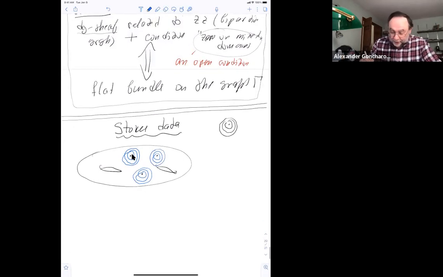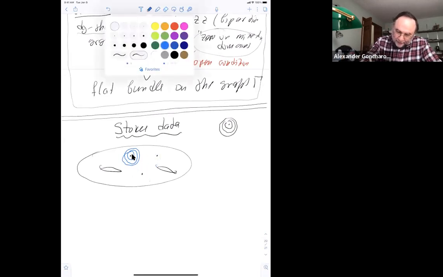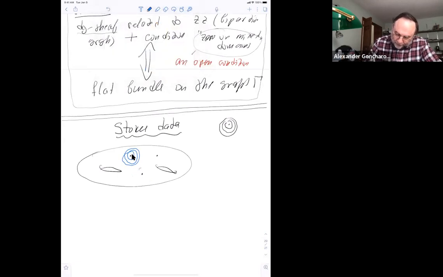So you consider these pictures, but if you want to get geometry of Stokes data, you better make all of them intersect. So you have to do it like that, going like this, and then you have 1, 2, 1 more.